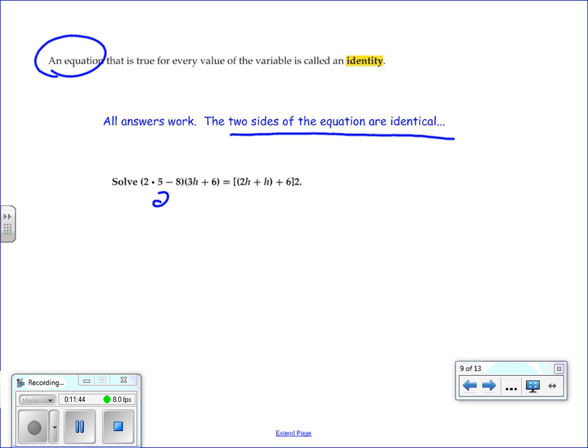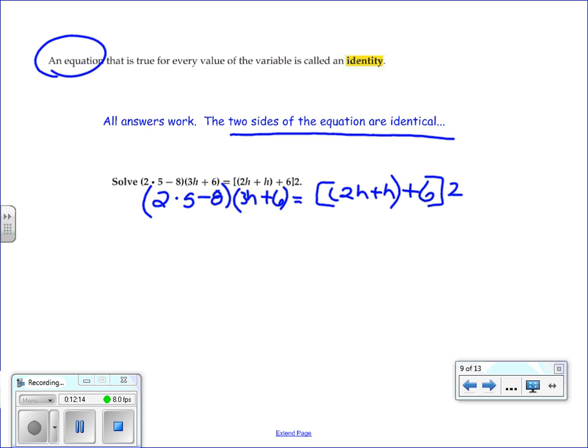We have 2 times parentheses 5 minus 8, times 3h plus 6 equals 2 times 3h plus 6. That's a long equation, right, guys? Let's work our way through it. Inside parentheses first.